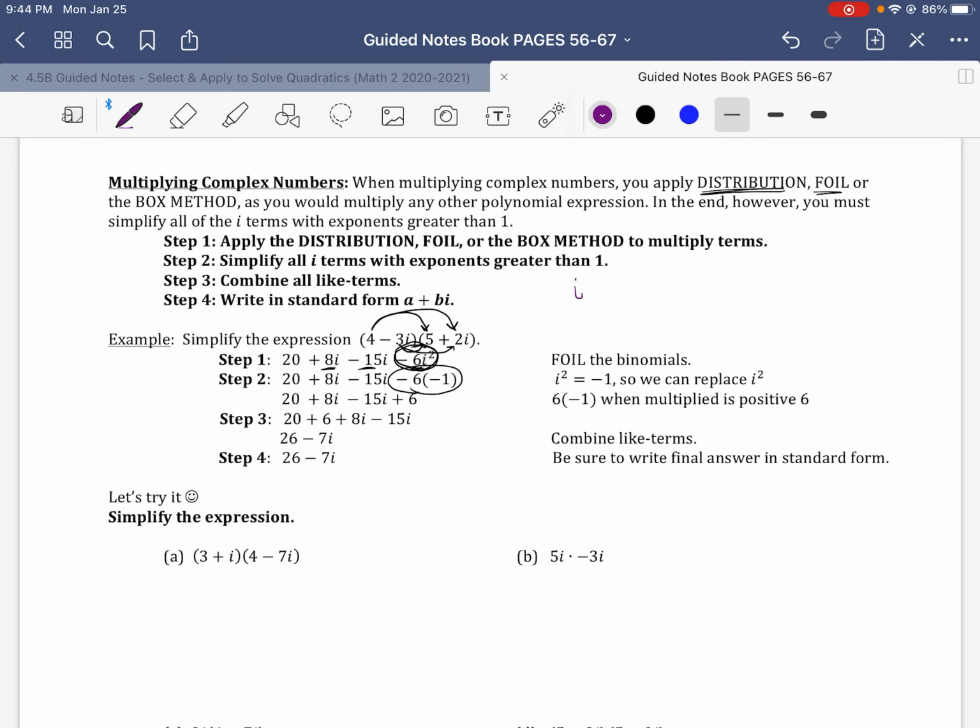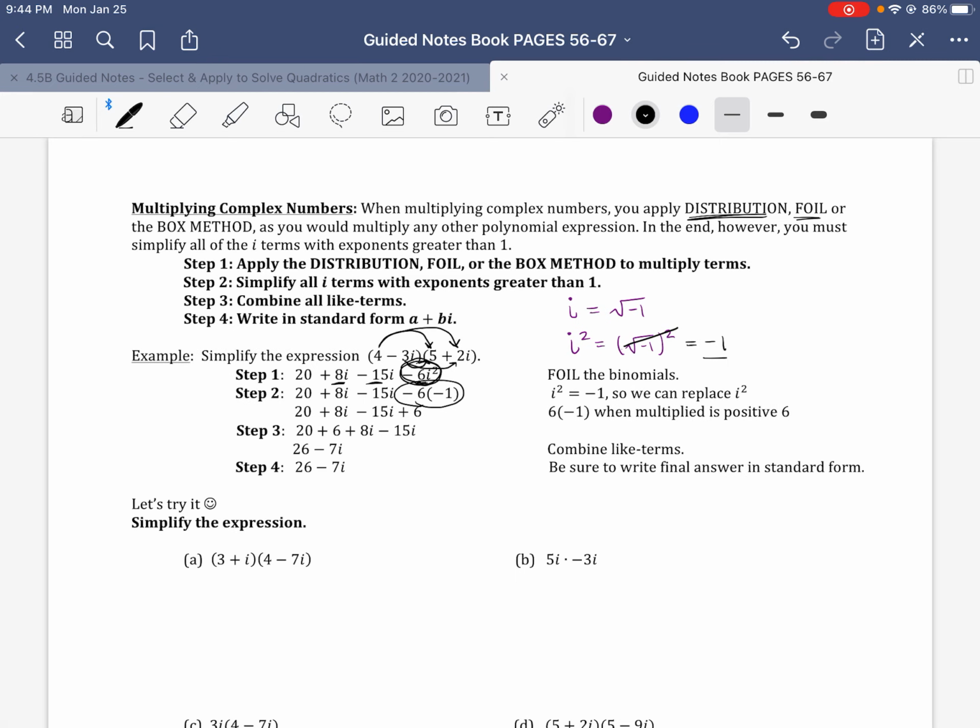If we know that i, by definition, is equal to the square root of negative 1, then when we see i squared written in an equation, if I were to take the square root of negative 1 and square it, squaring a square root is like canceling or undoing the square. So anytime you see i squared in an equation, i squared is just equal to negative 1. So we just replace it with negative 1 and simplify down once again.